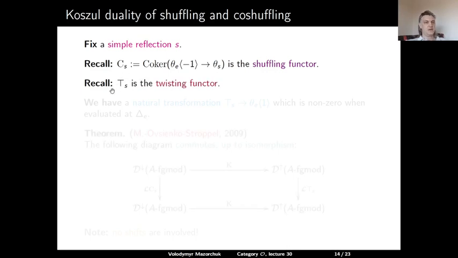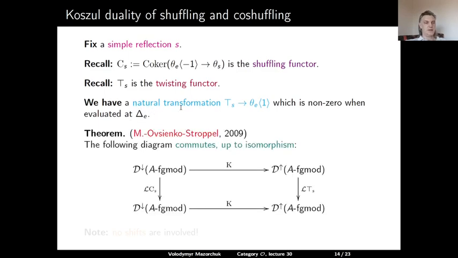And we also have the corresponding twisting functor Ts defined in a Lie-theoretic way using some localizations and so on. What we know about it is that there is a natural transformation from Ts to the identity shifted by 1, which is non-zero when evaluated at the dominant Verma module delta E.